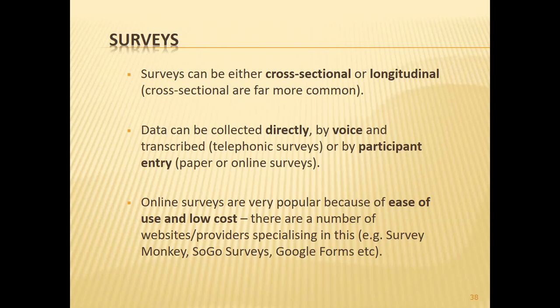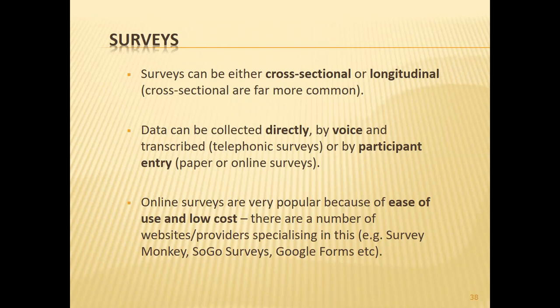It's also very easy to set up an online survey from the researcher side, and usually the cost is low. If you take something like Google Forms, for example, it's free. So there's absolutely no cost other than the cost of just getting onto the internet. There are quite a few other commercial sites, SurveyMonkey and a whole range of others, but you have to pay for those.